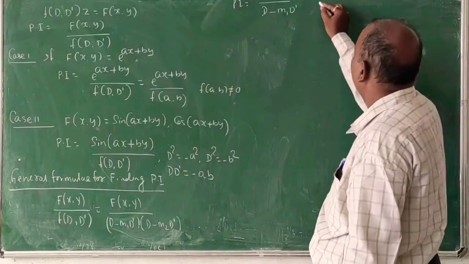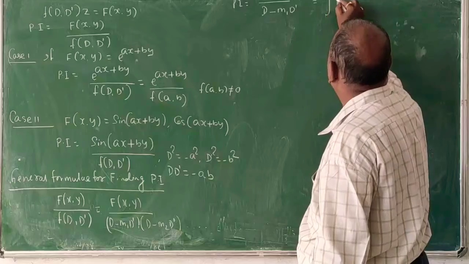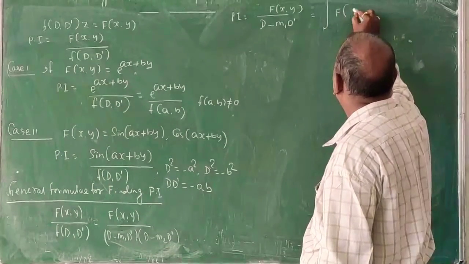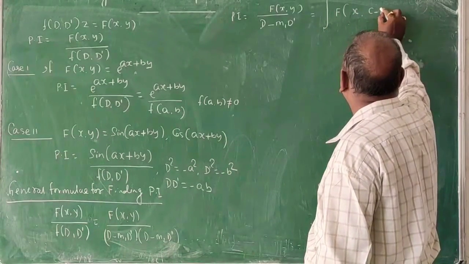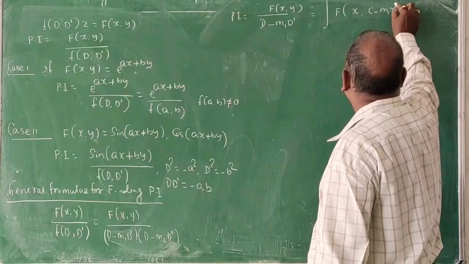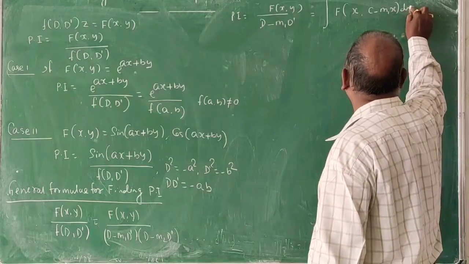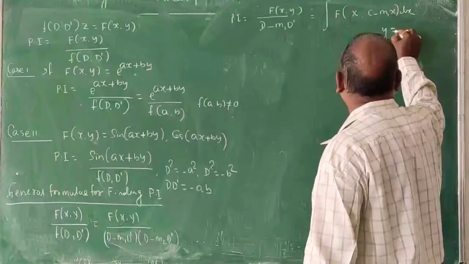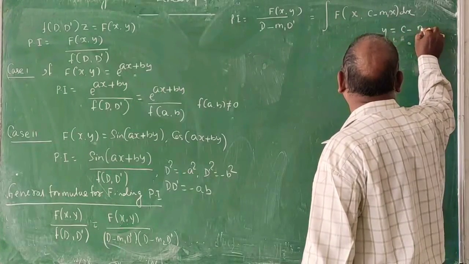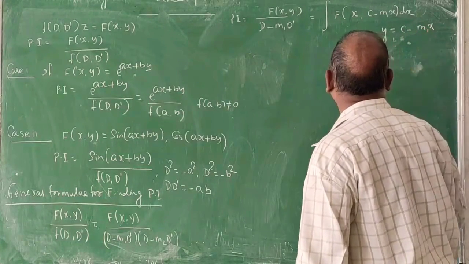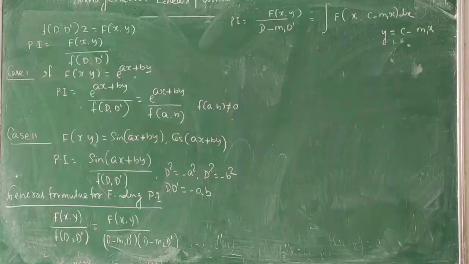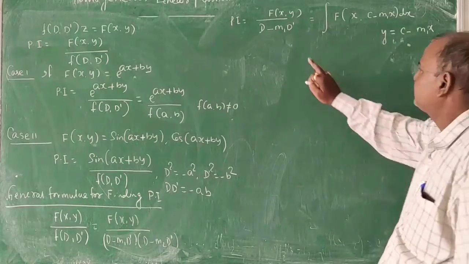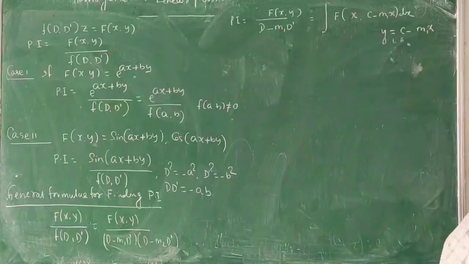You can write this as the integral of f of x, c minus m1 x, dx. Instead of y, you have to substitute c minus m1 x. If it is plus, then you have to write plus m1 x.